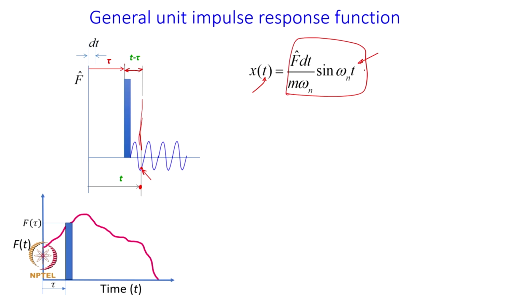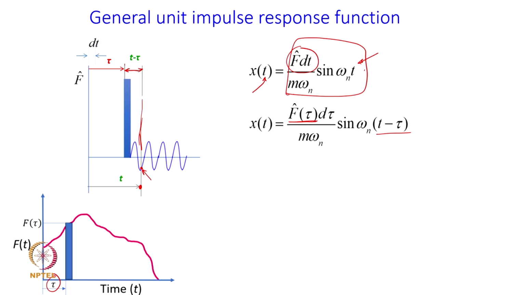We modify this equation by shifting the time to t minus tau. And obviously, F cap dt is now not a constant value, it has to reflect the value of the force at the time tau. So, this tau is going to be a variable that will define which particular impulse we are talking about.